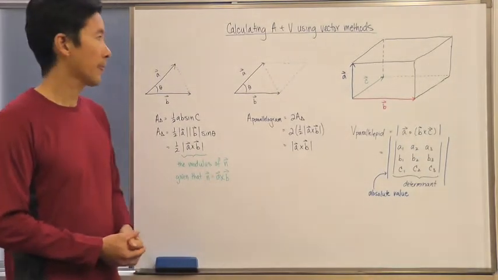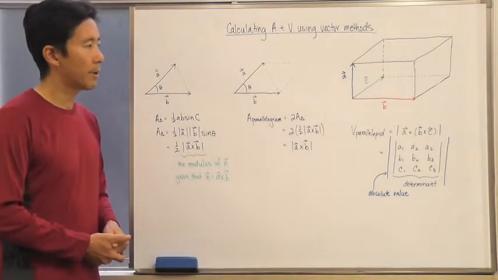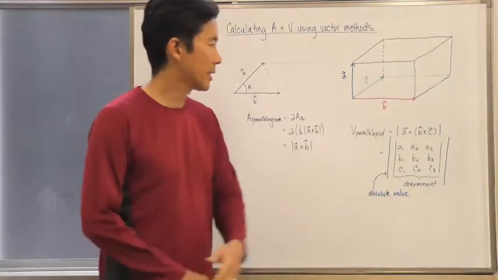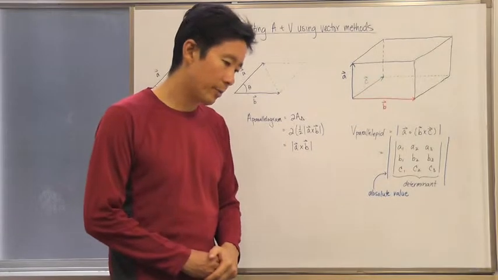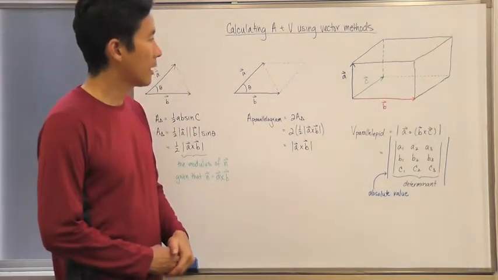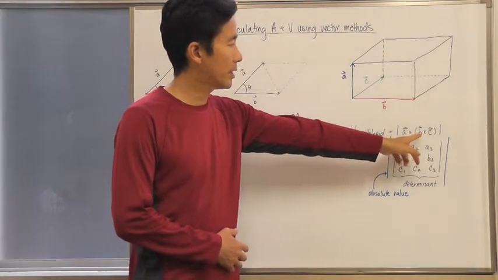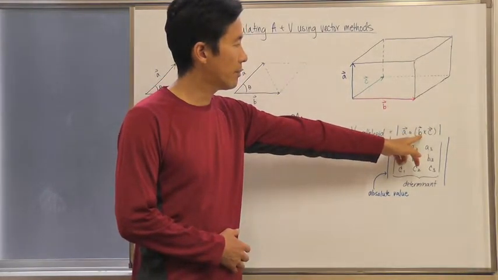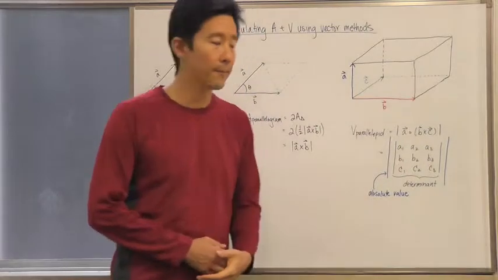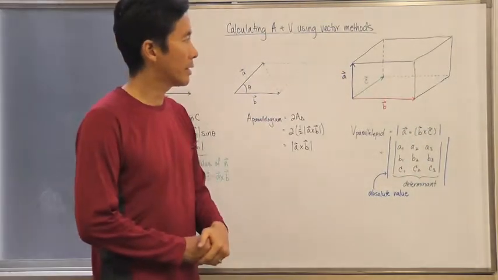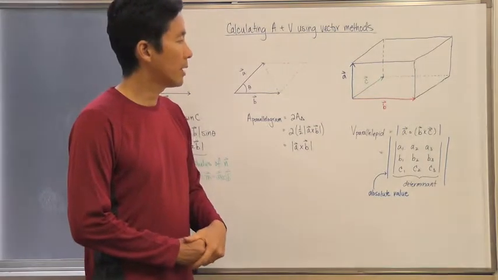Now, with regards to the parallelepiped, what we have here is something that's called the scalar triple product. Okay, and what we have here is the A vector dot with the normal vector that is created by B cross C. Just take a look at how we can create this parallelepiped.